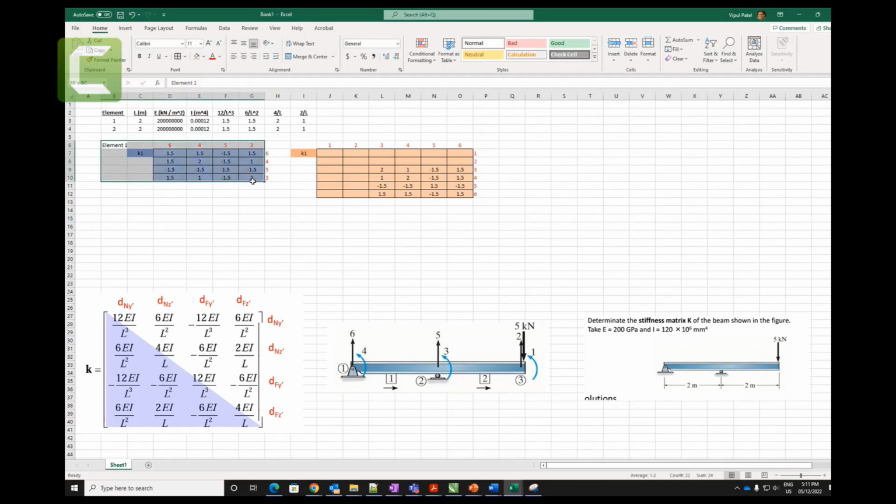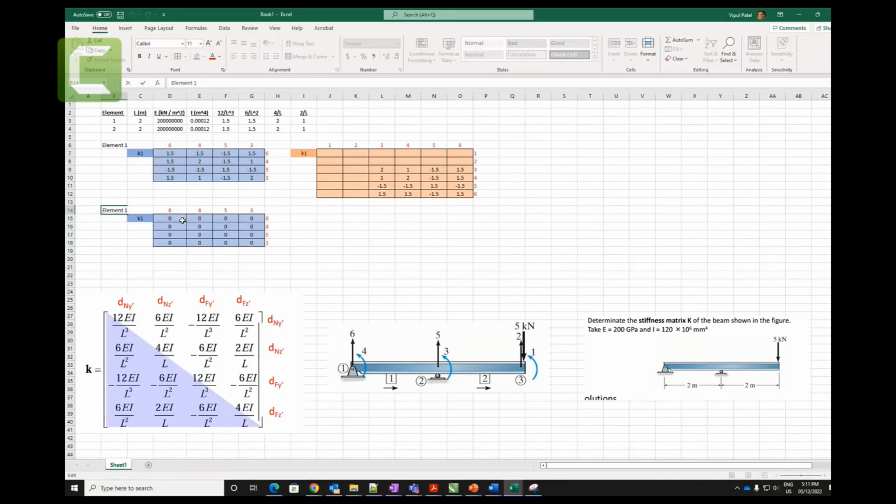Now for element number 2, you can just select all these and we can make it here. I think it will disturb everything. For K2, we need to use this down here, but I think it will be exactly the same. So when you click on these ones, you can just drag it out, enter, and just drag it up and make sure it's element number 2.